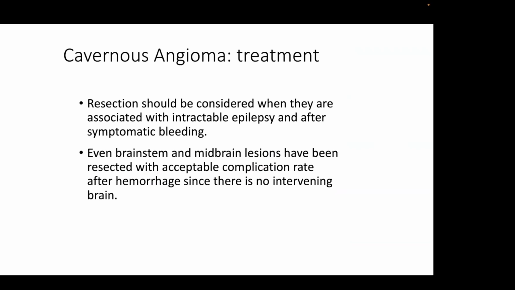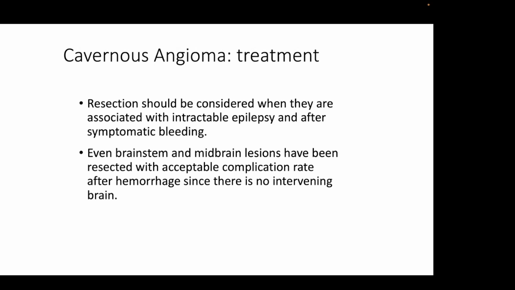In terms of treatment, this is an area that varies with location and surgeon skill. Resection should be considered when they're associated with intractable epilepsy, and sometimes it should be considered after symptomatic bleeding, but not in all cases. In terms of location, we think of the brainstem and midbrain as being a surgical kind of no man's land because of the vital structures in those locations.